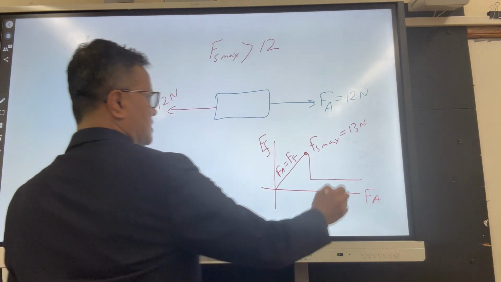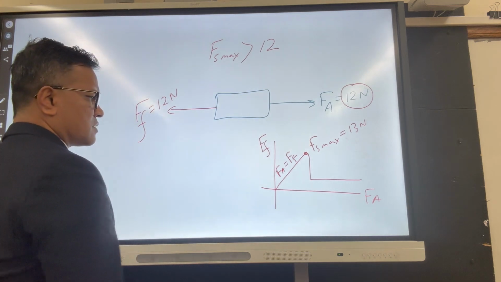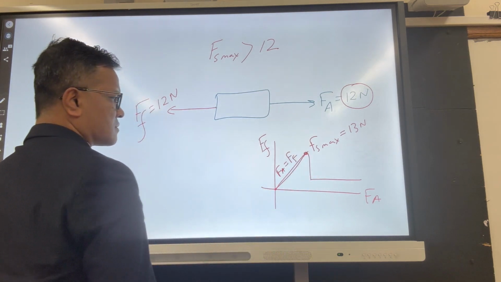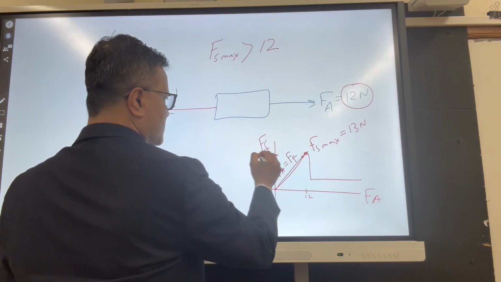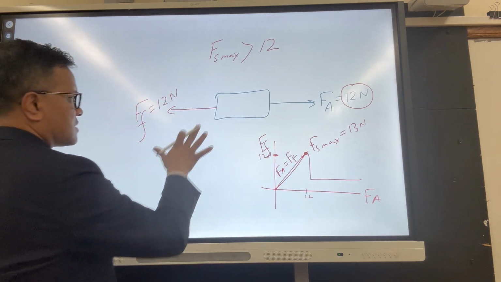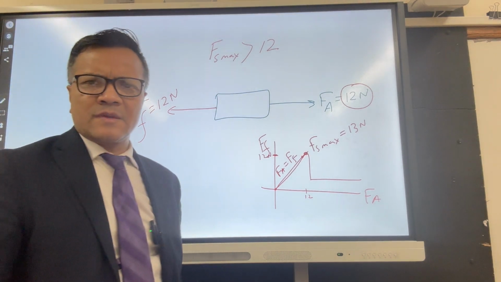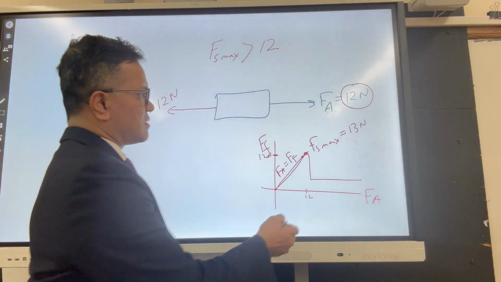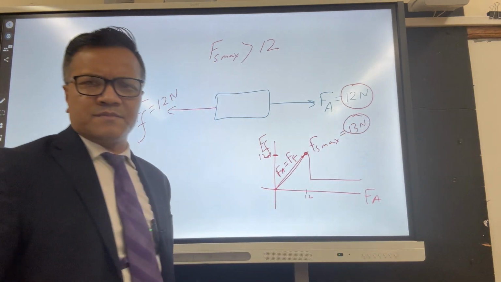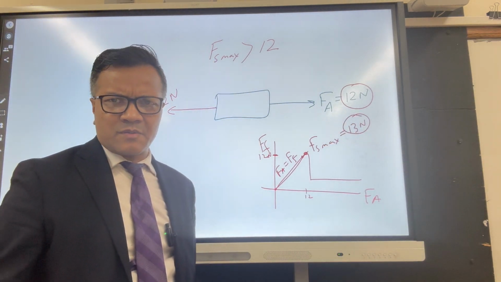The moment you apply 12 Newton, the friction will also become 12 Newton, stopping the object from moving. To move this object, you have to apply more than 13 Newton. This 13 is just an example, it could be 14, 15.